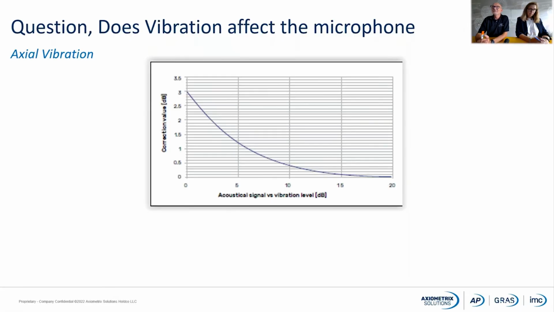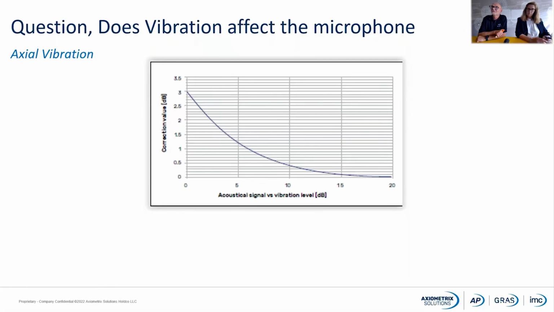And when you have done that, then use what we have given you in the specification for the microphone: how many dB SPL will you actually have for a 1 meter per second squared vibration signal.